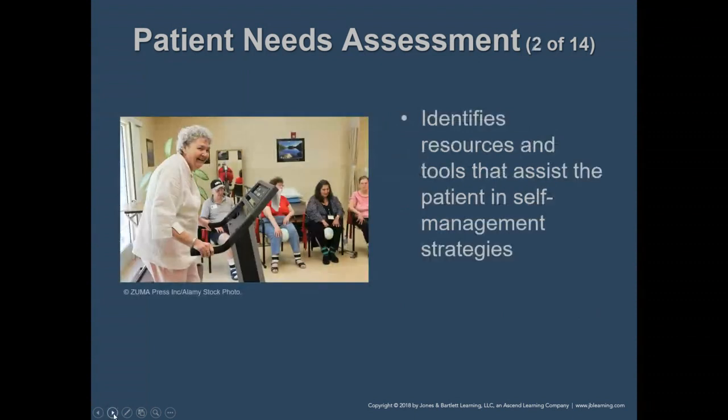So when we are looking at our patient's needs assessment, we're looking at everything. We're looking at the family structures. We're basically data collectors at this point, trying to figure out what is going to be the most positive outcome.